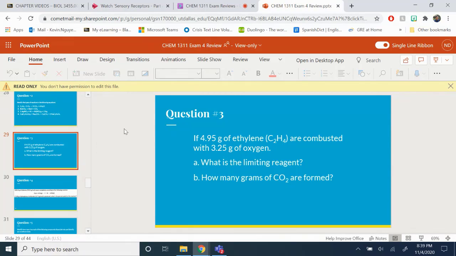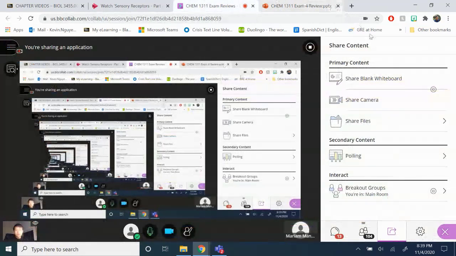All right, so let's take a look at this one. If we have 4.95 grams of ethylene, so it's important we write out that formula, C2H4, it's combusted with 3.25 grams of oxygen. So what is the limiting reagent? And then how many grams of CO2 was formed? So what kind of reaction do we have?